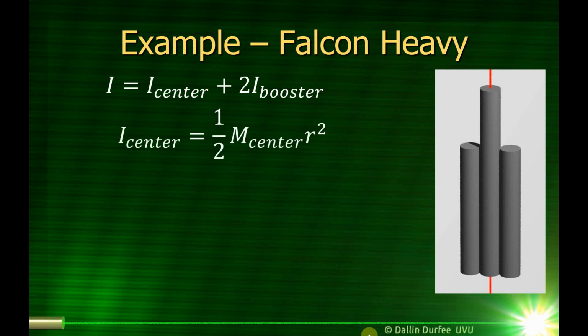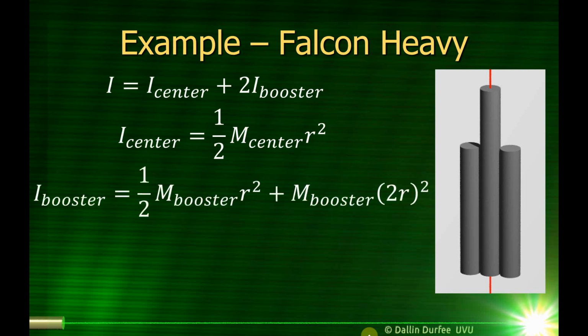The moment of inertia for the central cylinder is just the moment of inertia for a cylinder through its axis of symmetry. We already calculated that. That's 1/2 m r squared. For the boosters, however, the axis that we're rotating about is offset from the axis that goes through their center of mass.